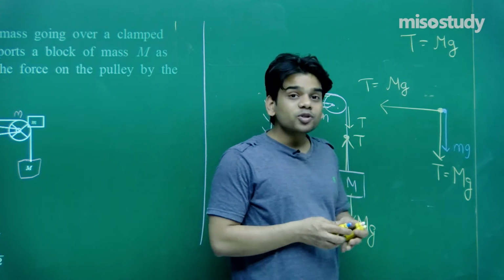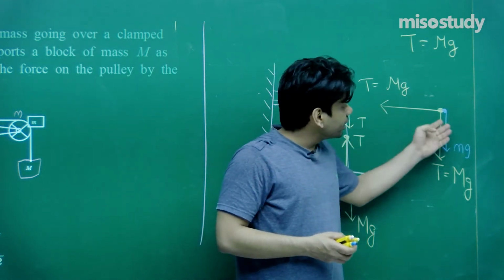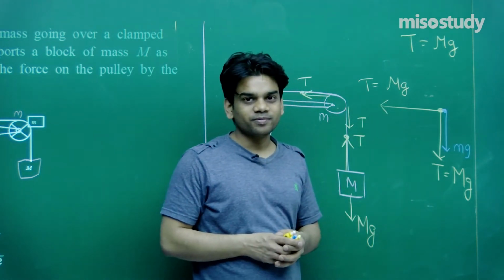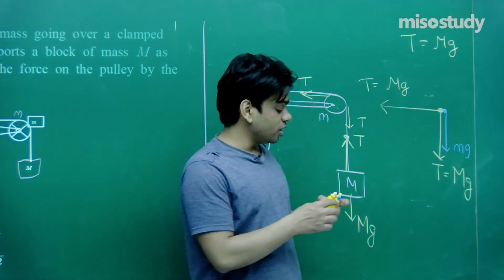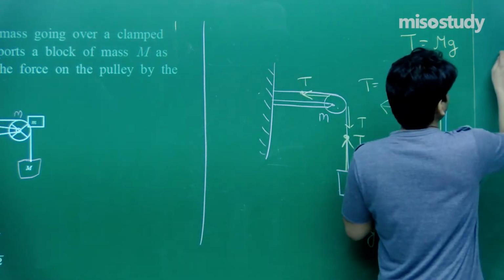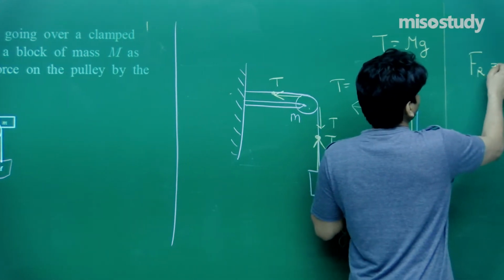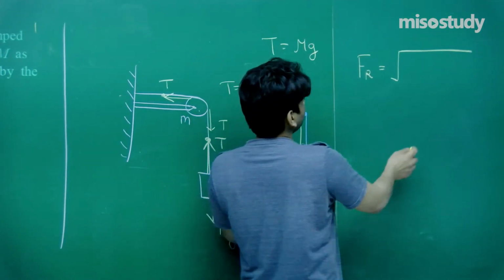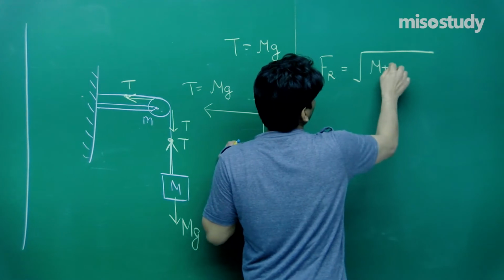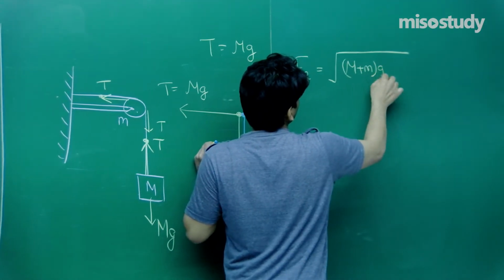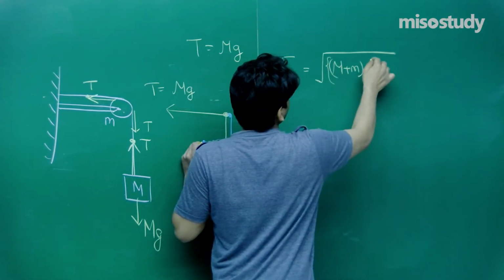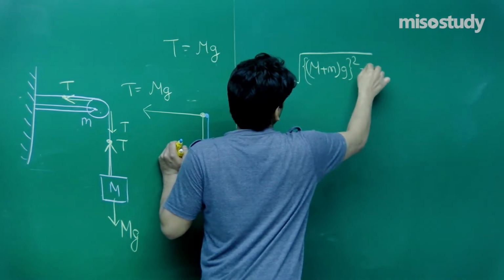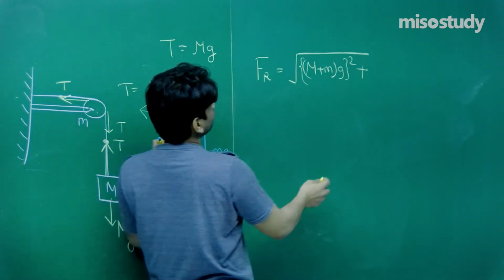The clamp is going to balance the resultant of these three forces. The resultant of these three forces will come out to be F resultant, equal to the square root of the two forces acting in this direction, Mg plus Mg, so (M plus m)g whole square, plus mg whole square.